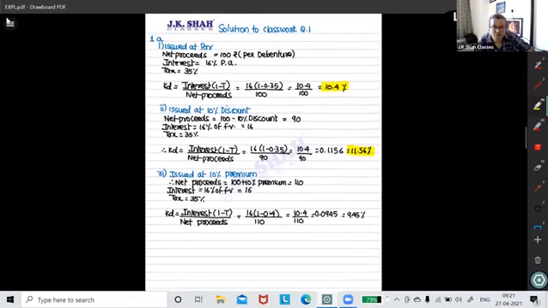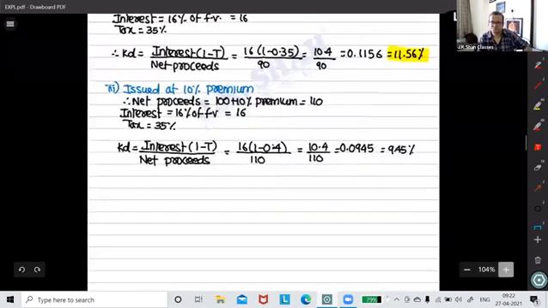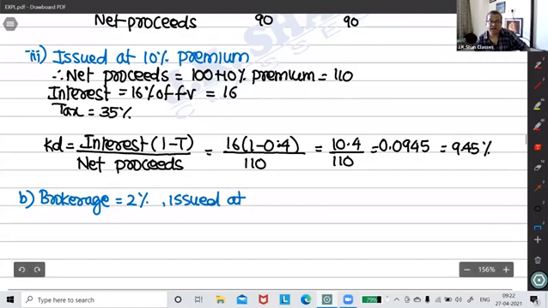This is part A. Now part B. Okay. What says part B? Brokerage is 2%. Issued at a premium of how much? 10%. Okay. So we'll write in the same manner again. Let's see.